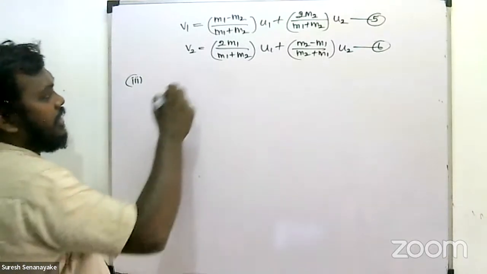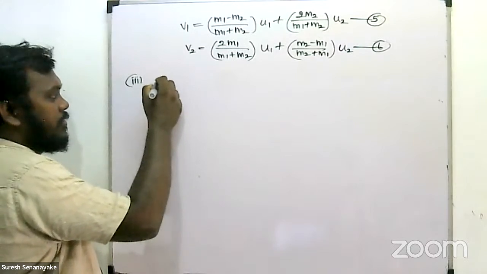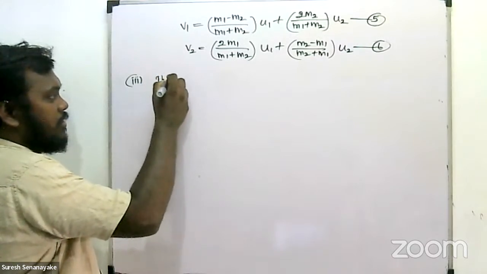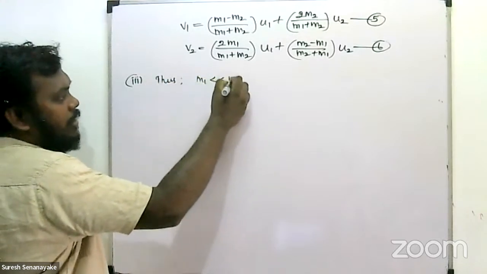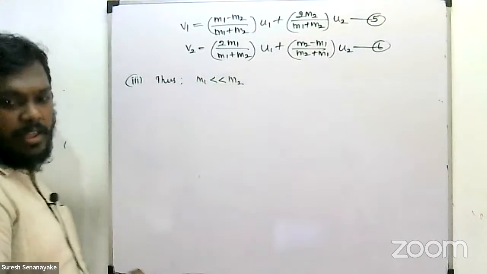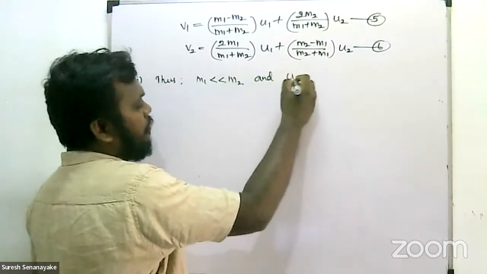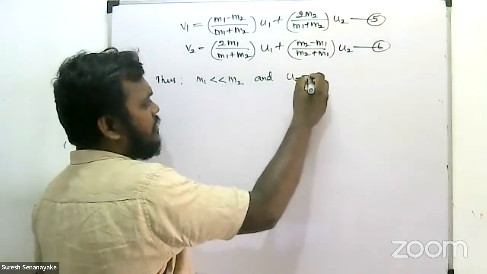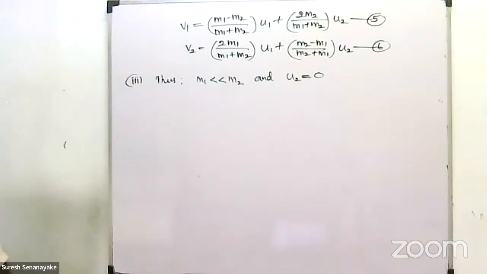So lighter body means small. Thus we can say that M1 is much smaller than M2. One body is lighter than the other, and the massive one is stationary, so that M2 is at rest.